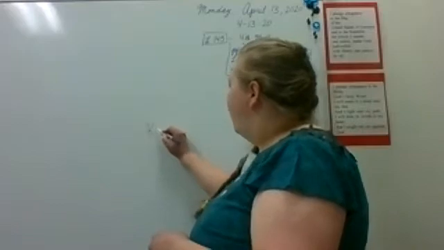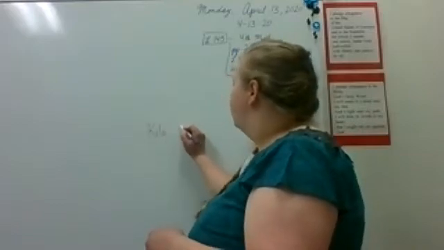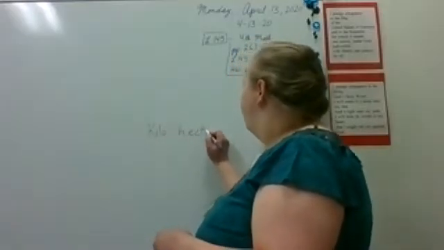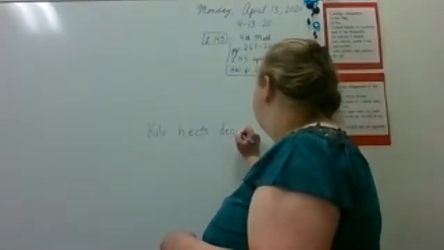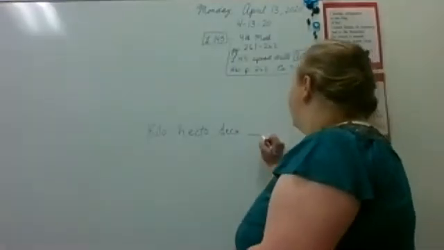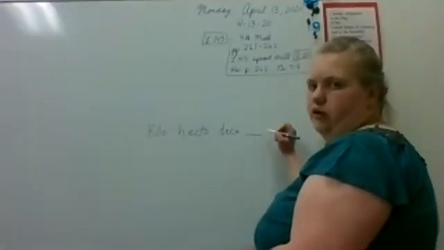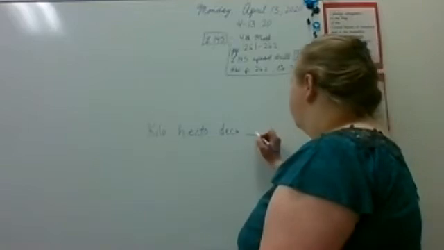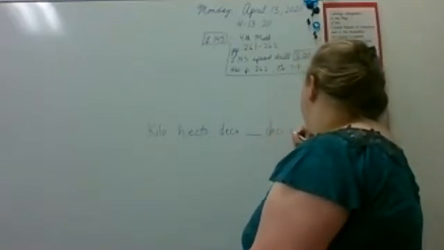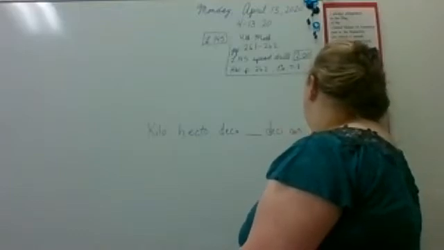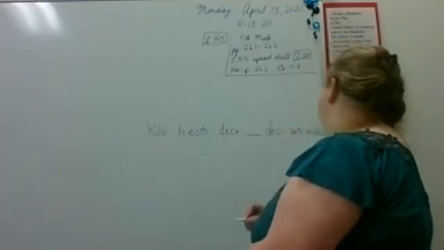So kilometer, which is kilo, hecto, and deca. Then we've got our space here for whatever unit we're in, gram, liter, meter. We have deci, centi, and I am running out of room this time, and milli, okay?